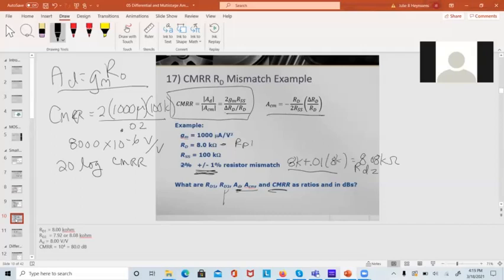Wait, that doesn't seem right. For your common mode rejection ratio, before we were doing the decimal conversion. Why in the numerator do we get 2 times 1,000 times 100K? Because differential gain is just 1,000 times 100K, right? Yeah, but when you take the differential gain and you divide it by the common mode gain, oh right, that's where the 2 comes from. And it's the magnitude, so the negative sign goes away.